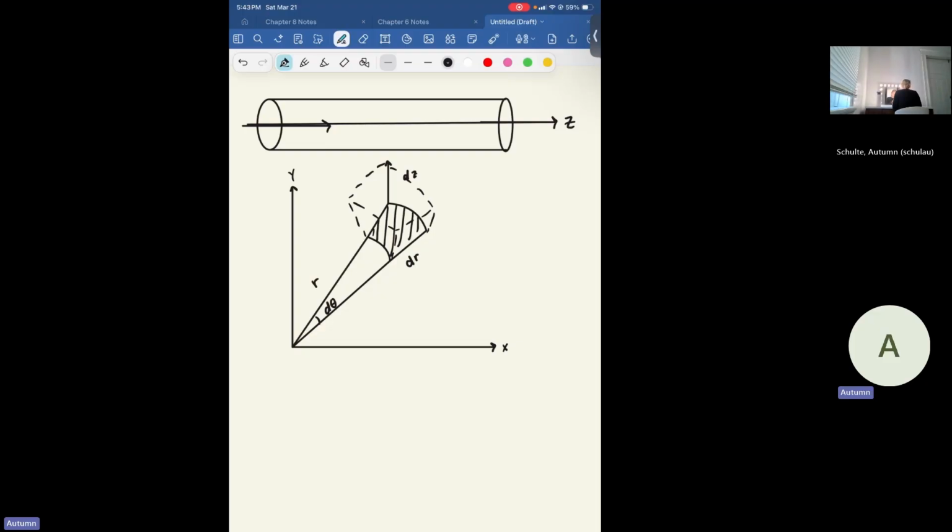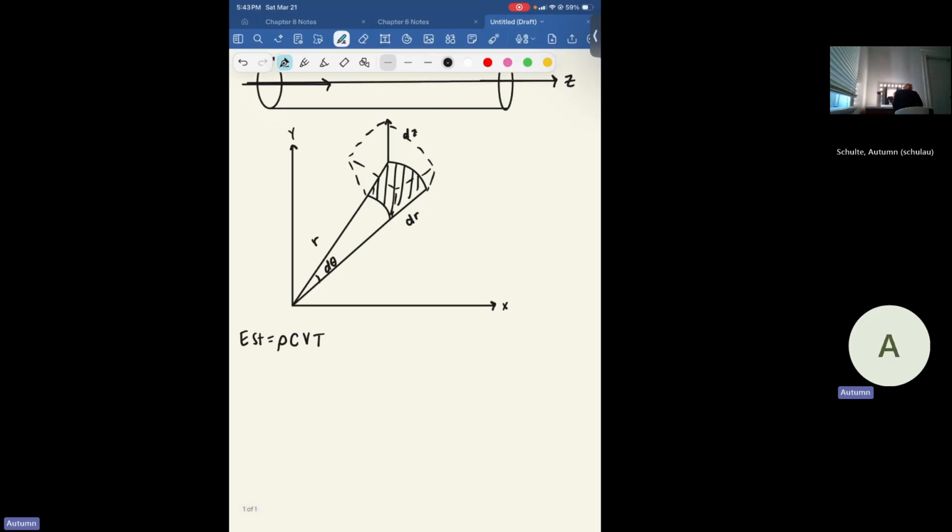of our cylinder. So now we want to start thinking about our energy storage term, which we said previously is the density times the heat capacity times the volume times the temperature. And our differential volume in this case is going to be this arc length right here, which is going to be r times d theta times our other differential terms dr and dz.